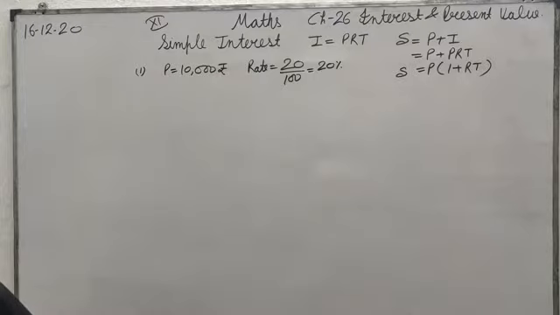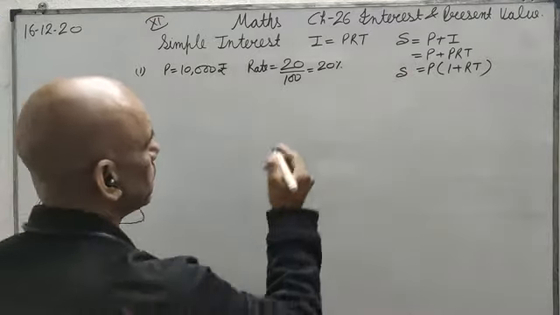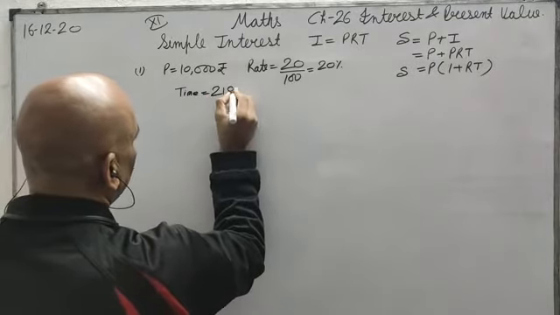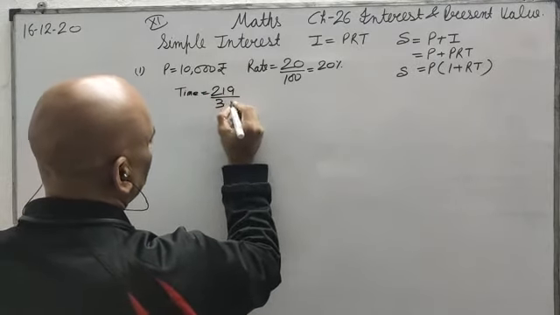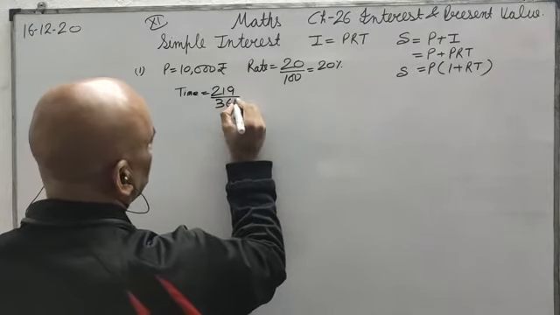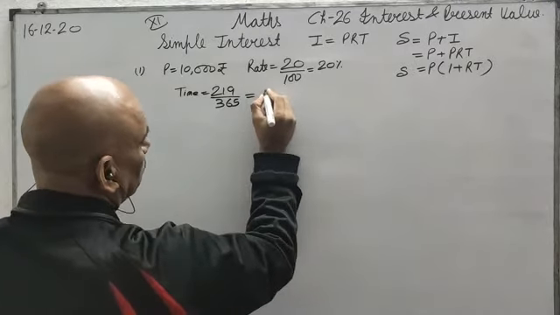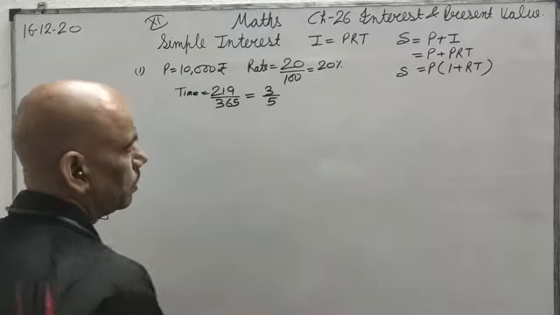And thereafter time is 219 days. Time given is in days, so that should be converted into years. We will divide it by 73: 3 by 5.